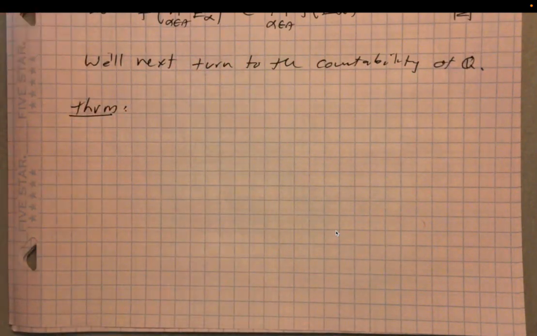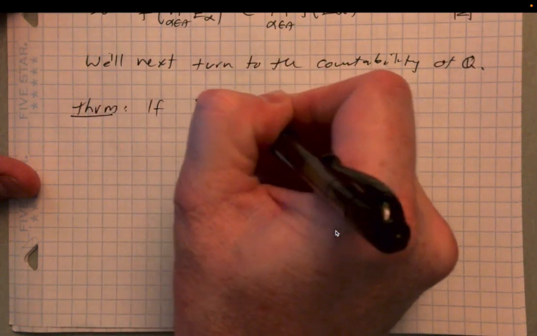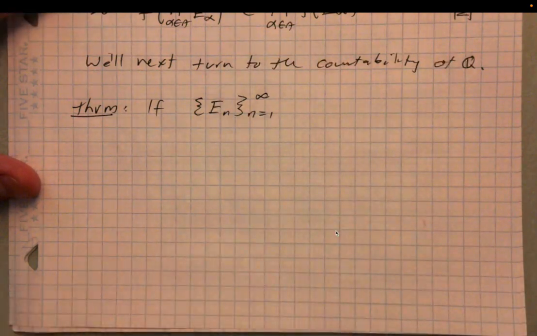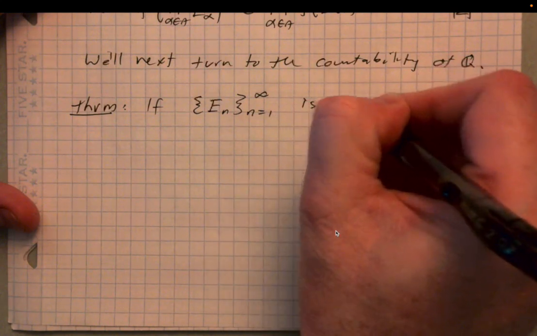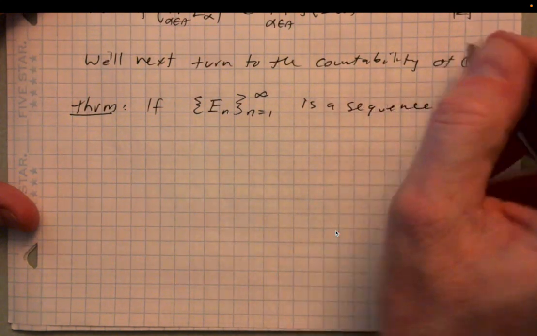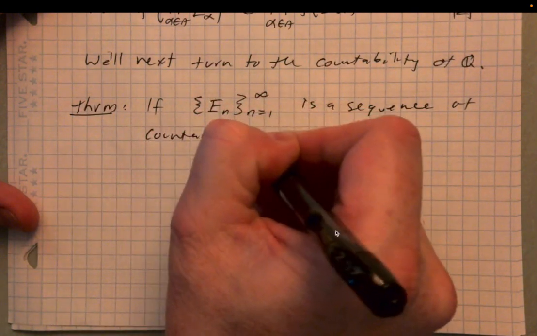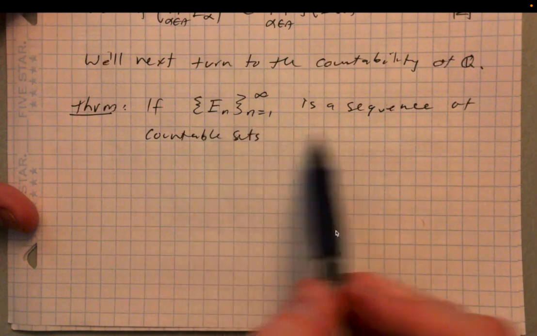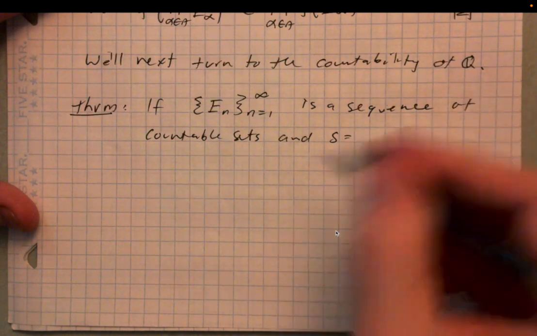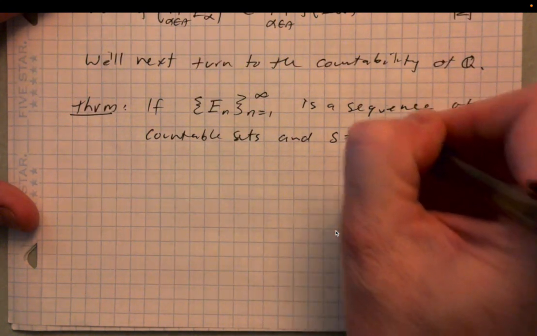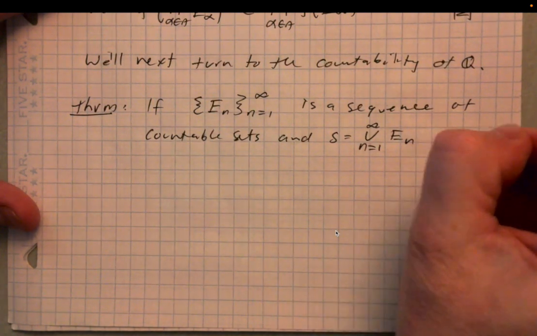This theorem says that if E sub n, from n equals 1 to infinity, where n is a natural number, is a sequence of countable sets, and S is equal to the union of the E sub n, then S must be countable.